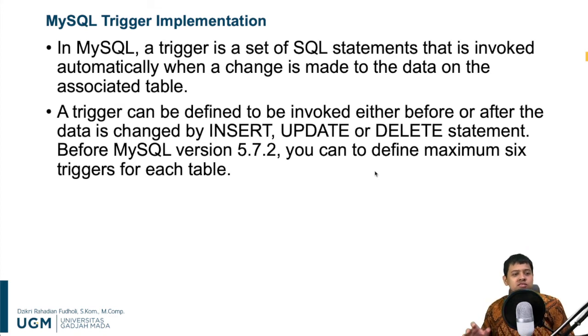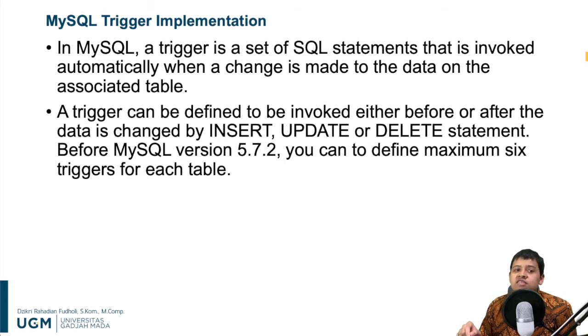Okay, so now let's talk about trigger implementation. In MySQL, a trigger is a set of SQL statements that is invoked automatically when a change is made to the data in the associated table, just like we saw before. A trigger can be invoked either before or after the data is changed by an insert, update, or delete statement.